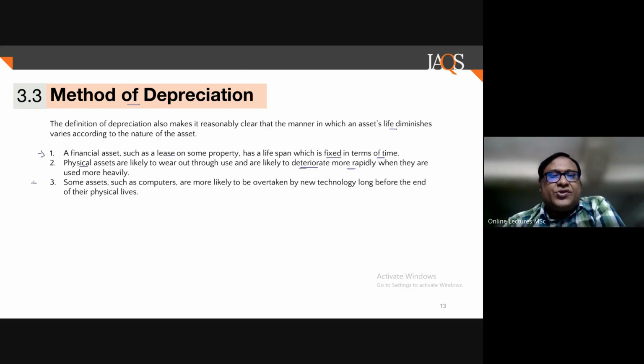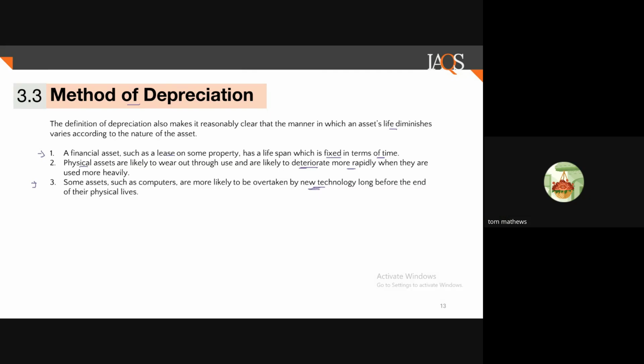Some assets like computers are affected by technology before their physical life wears out. They lose value because they are no longer relevant or that productive. So the value of these kinds of assets drops significantly at a faster rate. All good, sir? Yes.